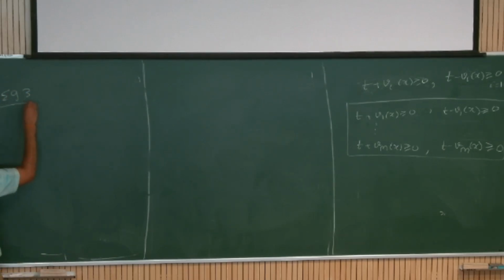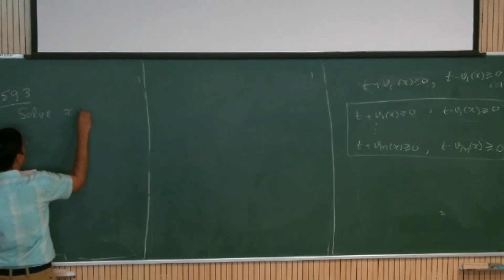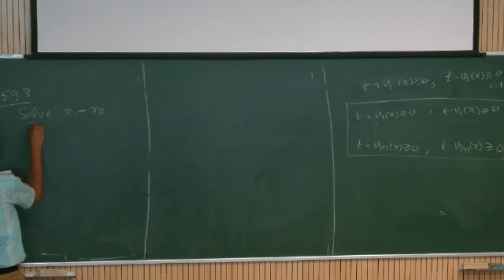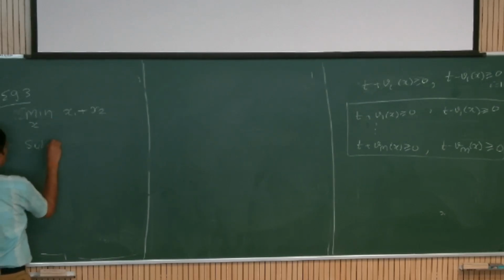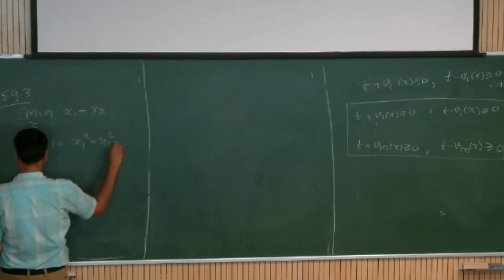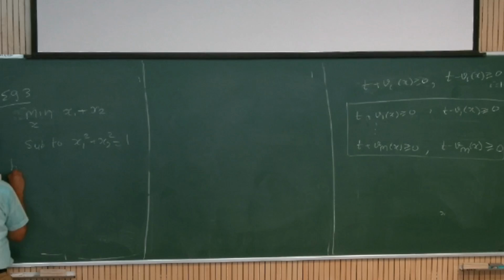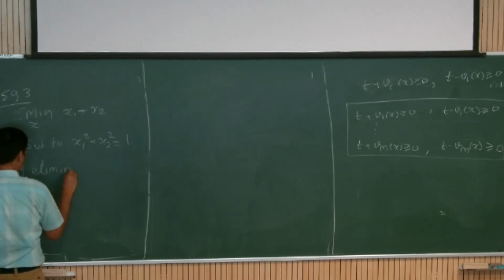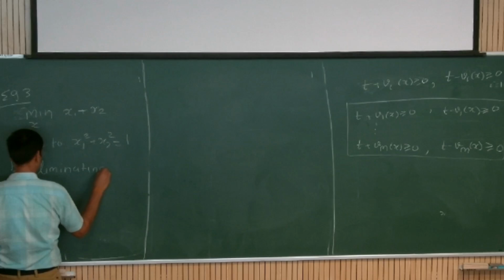Now I'm calling this, in the continuation of the notes, example 3. So it says: minimize x1 plus x2 subject to x1 square plus x2 square is equal to 1, by eliminating x2.